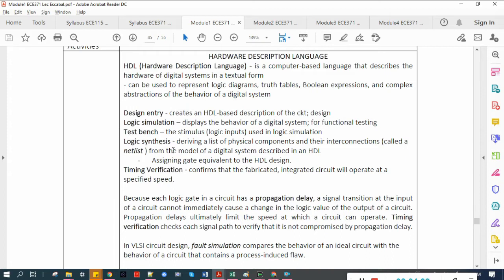Logic synthesis. This is deriving a list of physical components and their interconnections, called a netlist, from the model of a digital system described in an HDL. So this is the process where we convert our design.